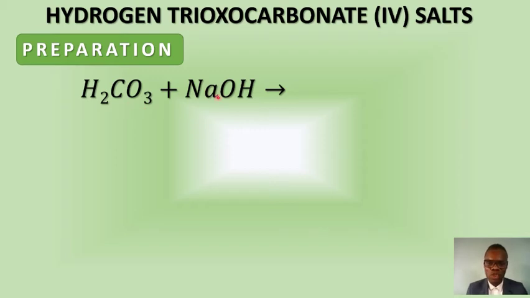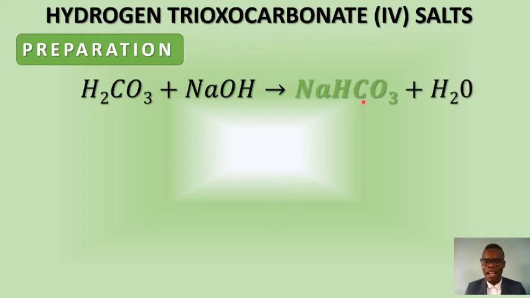That means this one will be less in amount than this, which is your acid. Now, when both of them react, you are going to have sodium hydrogen trioxocarbonate 4. The sodium atom successfully replaces just one hydrogen ion.